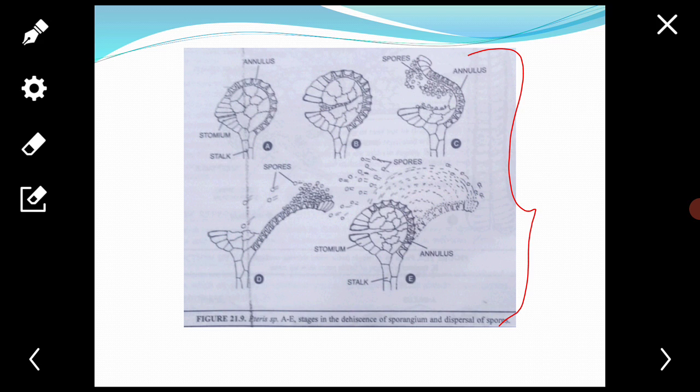Drying causes outer cells of the sporangium, including those of the annulus, to lose water. The water is lost from the cells of the annulus and their internal volume decreases.